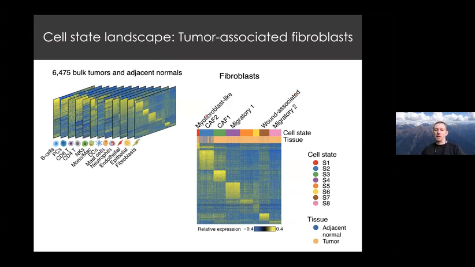So we find a myofibroblast-like state, a couple of migratory types of fibroblast. Interestingly, these reflect different aspects of migration. This migratory 1 type fibroblast expresses genes which have been shown to be expressed in fibroblasts which themselves are moving and migrating around, whereas this migratory 2 is actually genes which overlap with some previous data suggesting that there's a particular type of fibroblast which secretes things which then cause epithelial cells to migrate around.